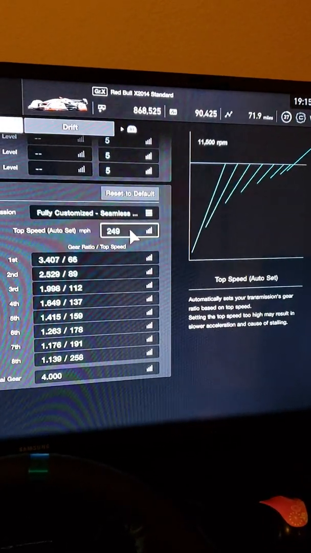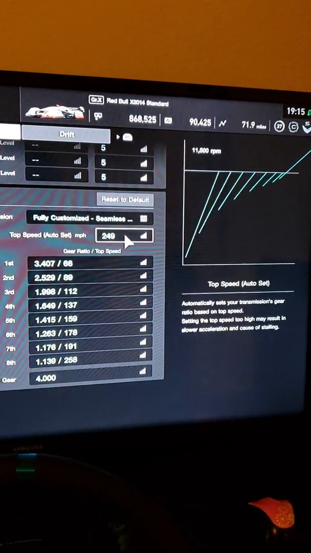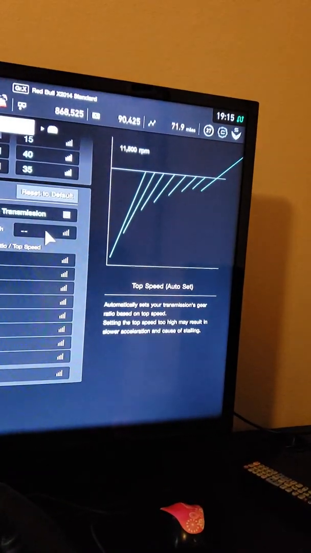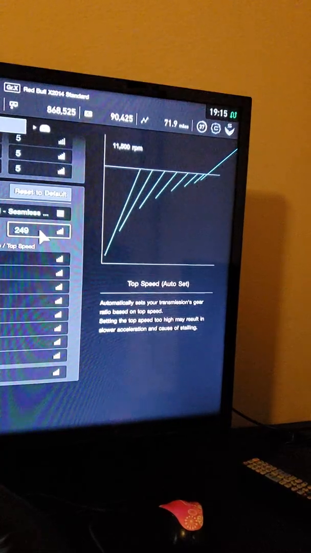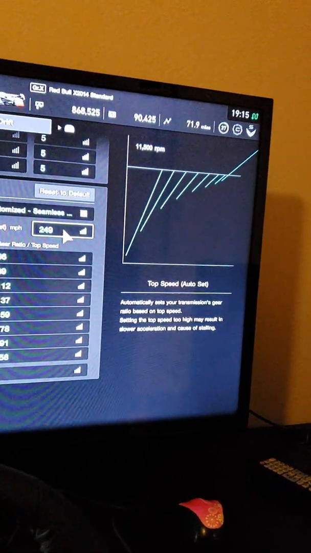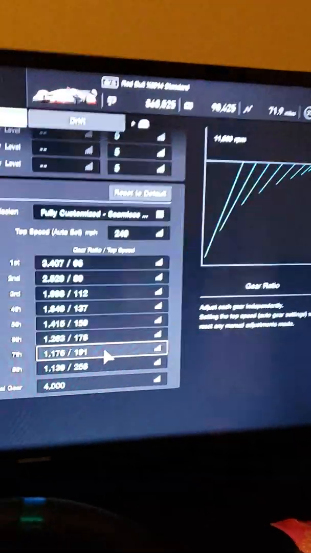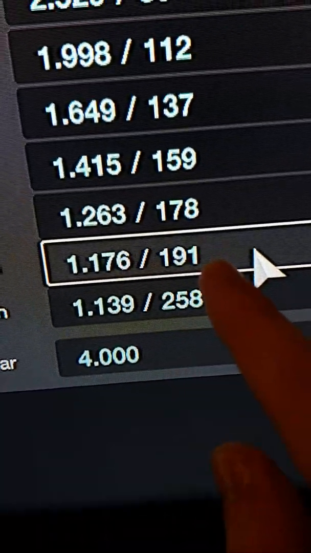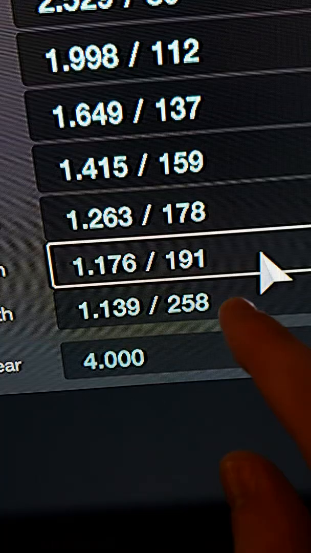It's weird to explain, but you can see how close my 8th gear is. This is the stock gearbox, this is what I did to it. And look at this, it goes from 191 to 258 miles an hour.